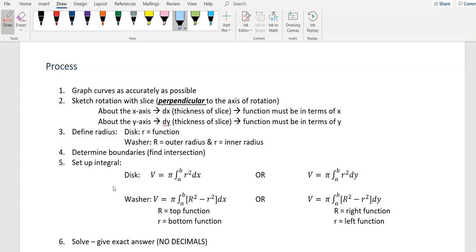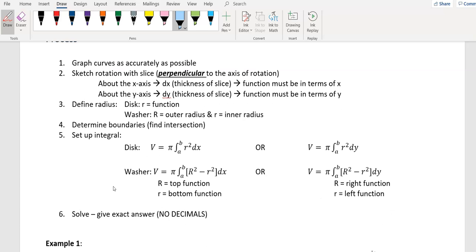Step 4 is to determine your boundaries. Sometimes they are given to you, and other times you'll need to find intersection points. Step 5 is to set up your integral, which is defined here for us using that idea of area of a circle, pi r squared, for your disk, and using that idea of a circle essentially twice, pi r squared for your outer radius, and then pi r squared for your inner radius.